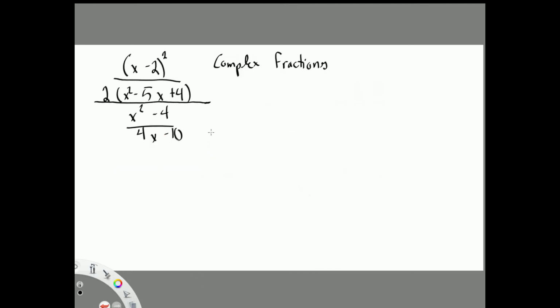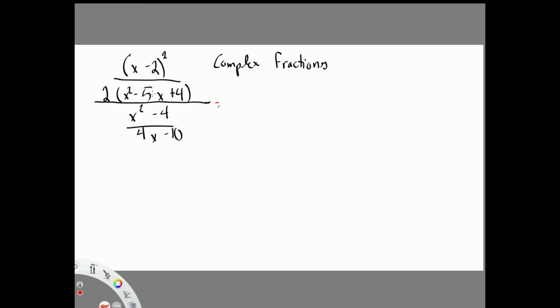Right here, this is a complicated fraction because we have a fraction on top and the bottom of a bigger fraction. We're going to do the same thing we did last time, and instead of dividing by a fraction, we're going to change this to multiplication, and we're going to multiply by the reciprocal of the denominator.